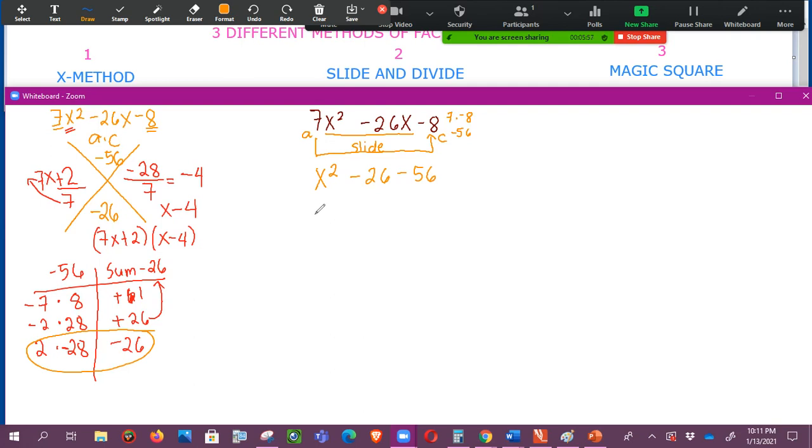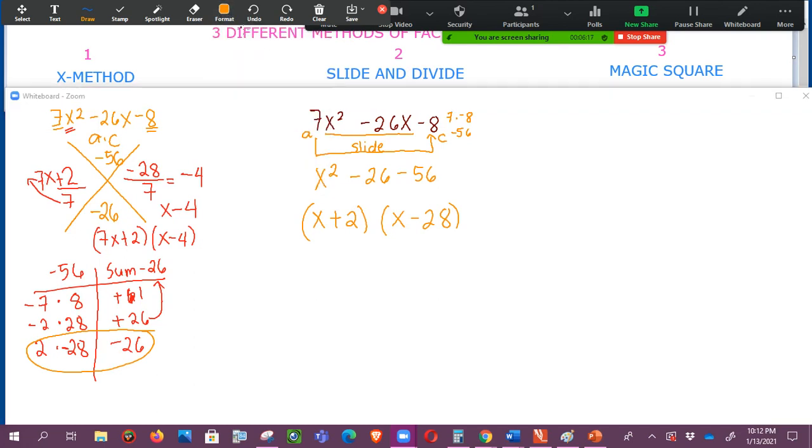So the same process, you're going to write x plus 2, and the other one is x minus 28. Then, let's go to the word divide. After you slide, now you will divide.